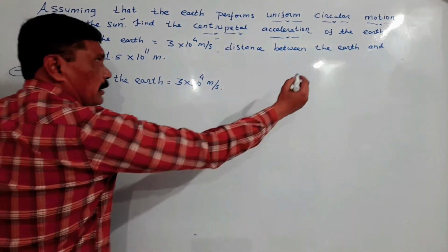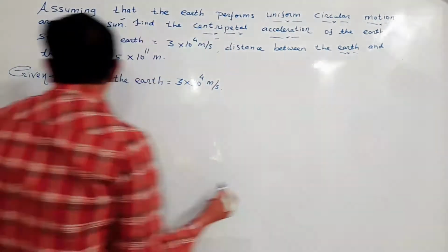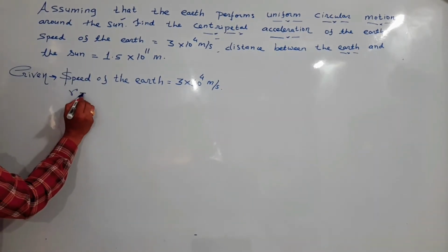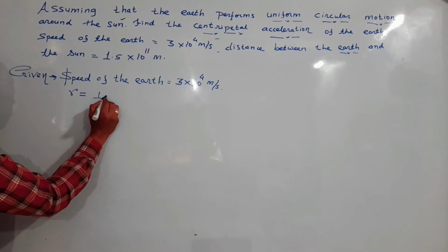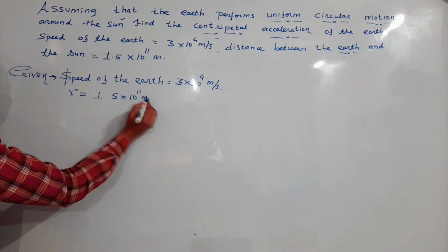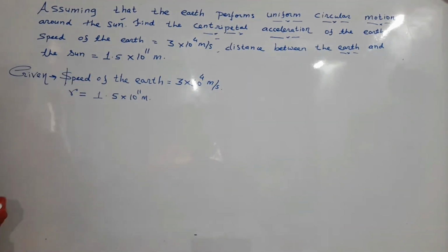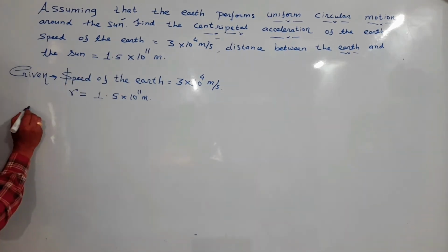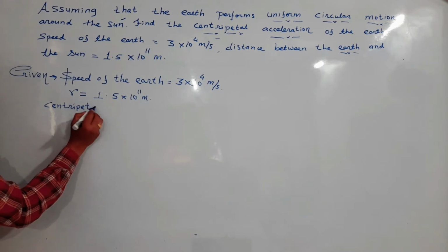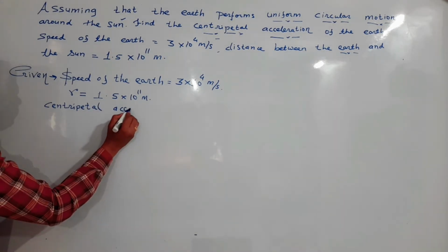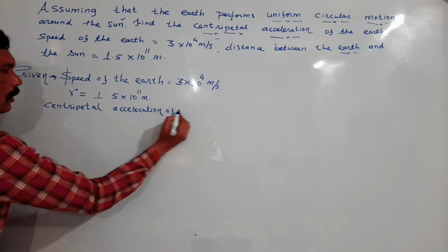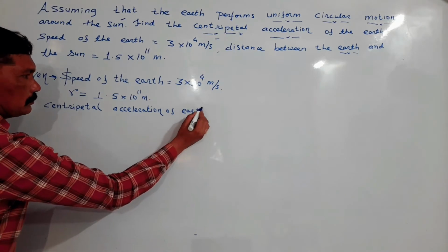The distance between the earth and the sun is radius, and so r is given, that is 1.5 into 10 to the power 11 meter. Here, my dear student, you have to find the centripetal acceleration of earth.